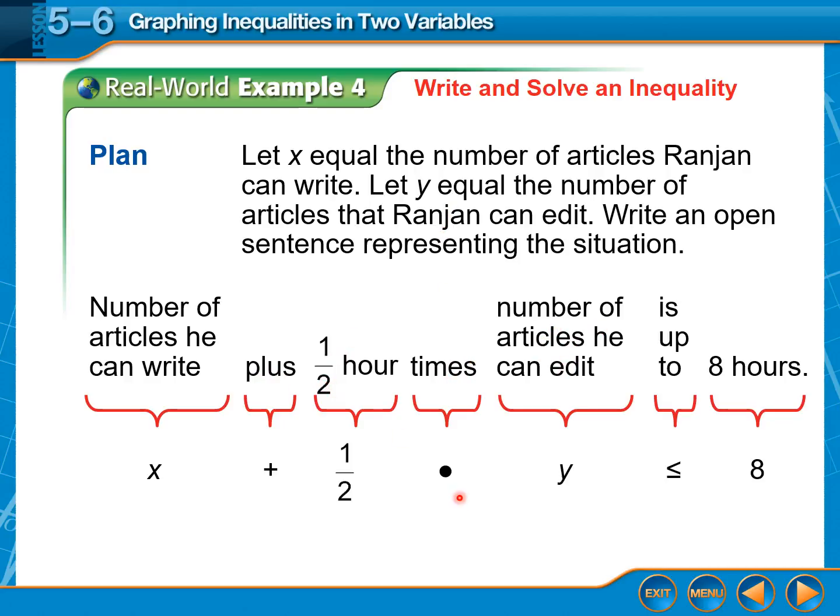So we do 1/2 times y, the number of articles that he can edit. So our inequality, or the total amount that he can get done, is x, the number of articles he can write, plus 1/2 times y, the number of articles he can edit, and together, that number of hours is going to be less than or equal to 8 because he's not going past 8 hours of work.